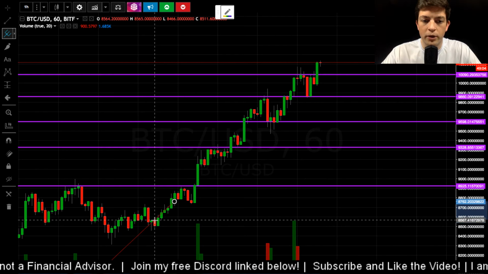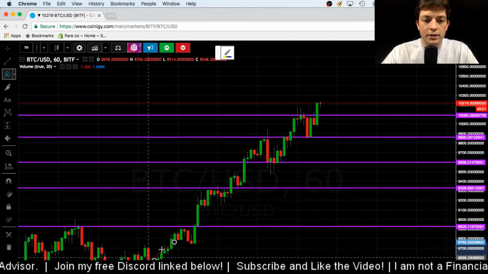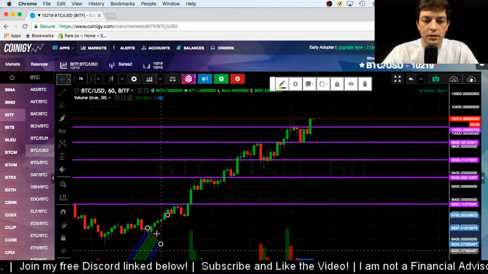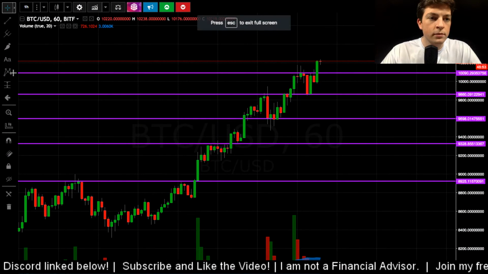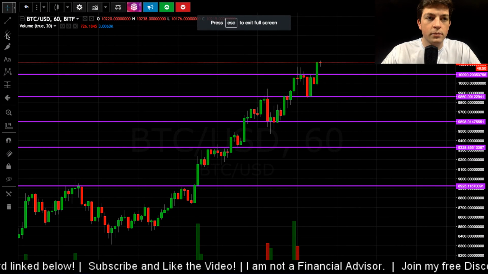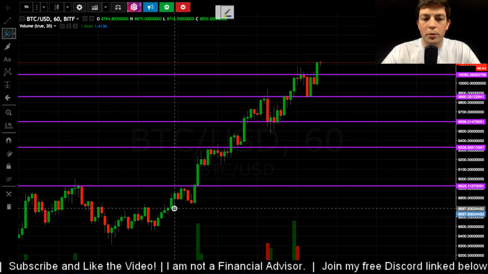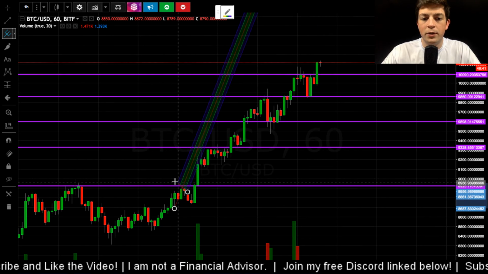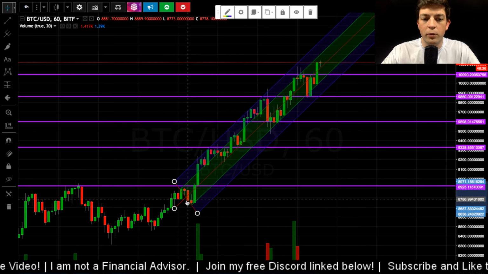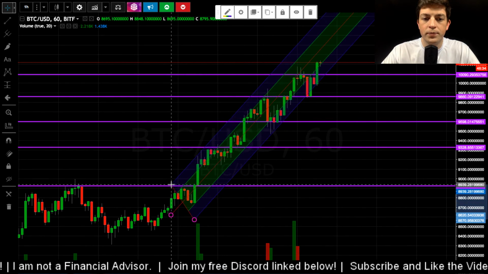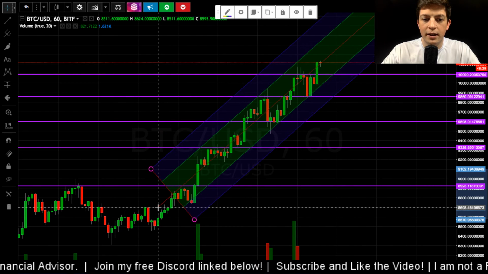So when you're making a pitchfork, what you do, as I did it backwards, okay, so when you're making a pitchfork, you drop your point, and then you just place it in the middle, and then you just start pulling and readjusting as needed. So you want your peaks and your troughs to stay within the green channel. And then you'll just raise it up as needed, and then kind of readjust.